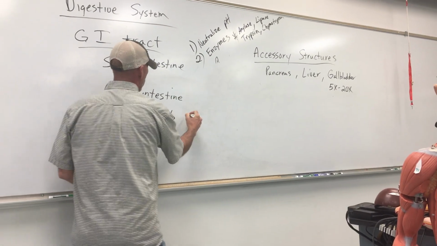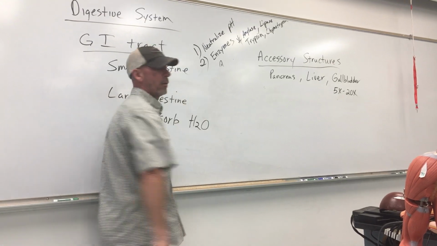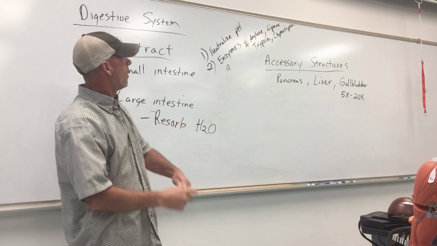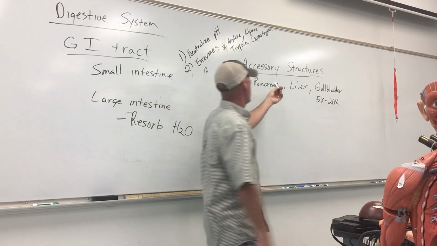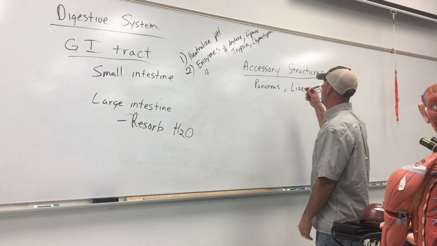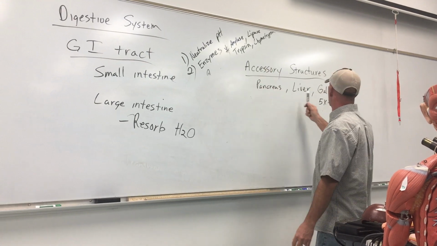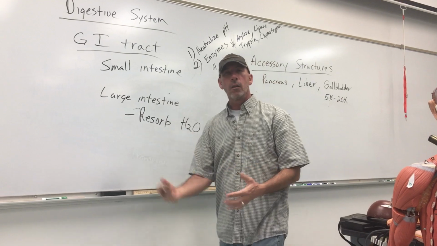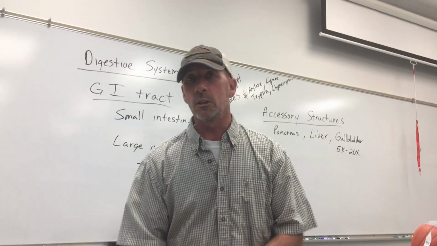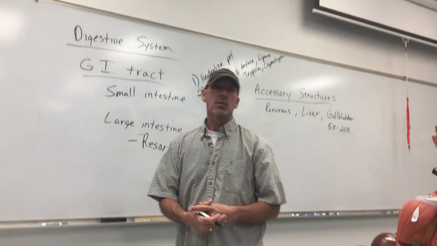One is to resorb all the water that's been contributed. Remember, the saliva, mainly water, a liter and a half of saliva added a day. The pancreatic juice, the bile from the liver, which has been stored in the gallbladder, all these materials and secretions have a water-based nature to them.